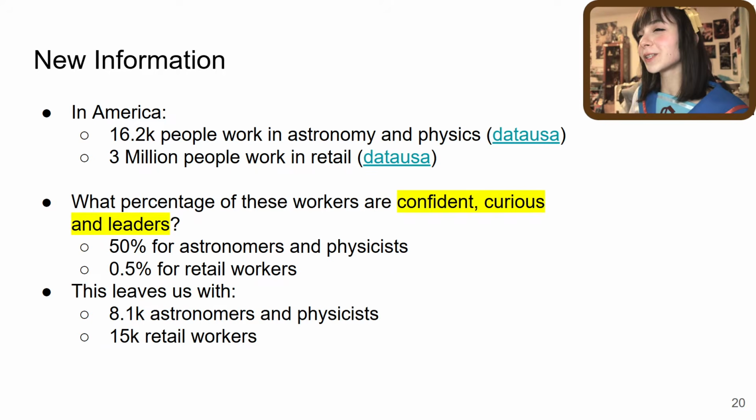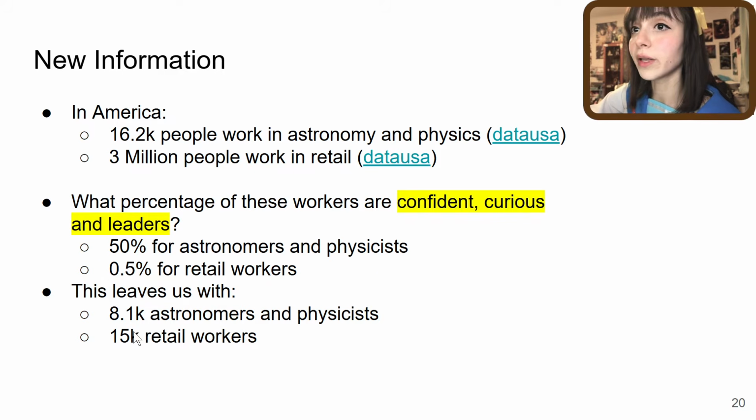But let's be really nice to astronomers and physicists and assume that 50% of them have these qualities. So 50% of them share these qualities with Haruhi, and only 0.5% of retail workers actually share these qualities.